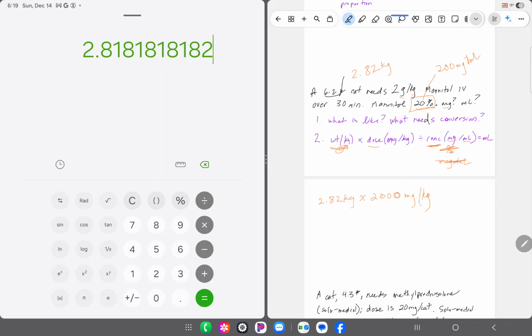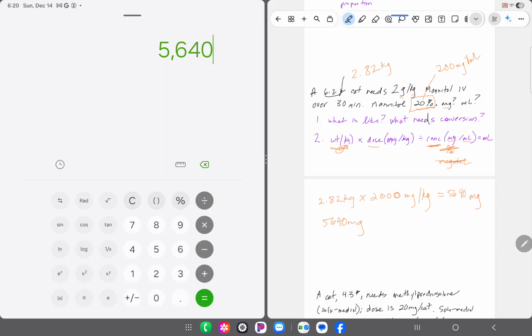And remember, we can stop here and get our milligram answer. So we'll go back to our calculator. 2.82 times 2,000 will get me 5,640 milligrams. Excellent.